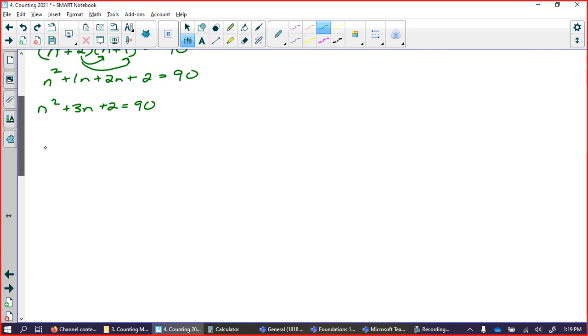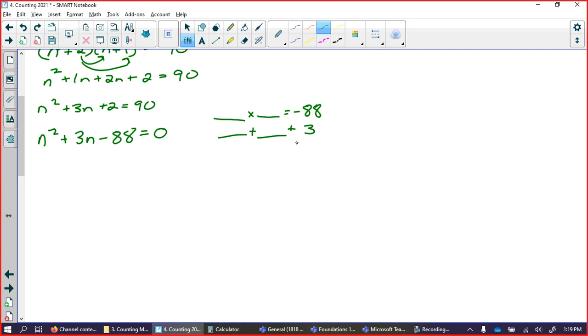This is a quadratic, minus 88 equals 0. Oh no, it's a sum and product. What multiplies to give negative 88 and adds to give 3?